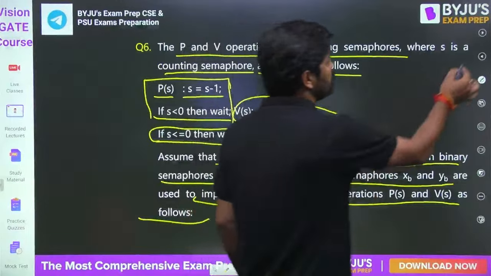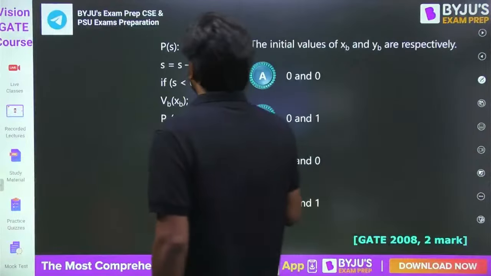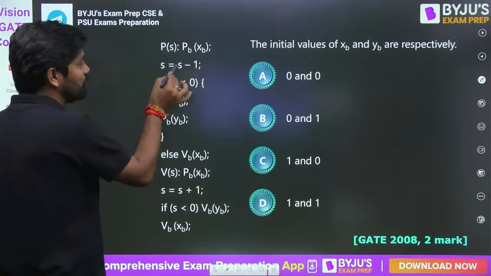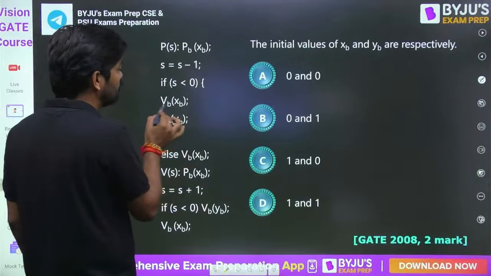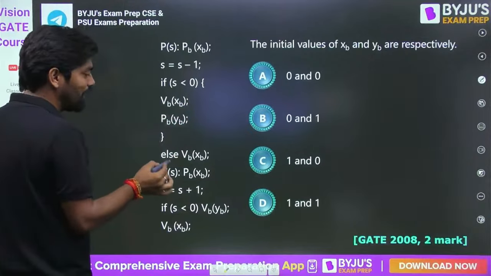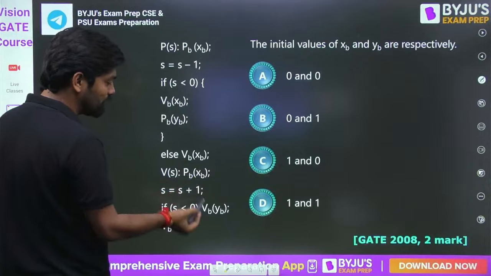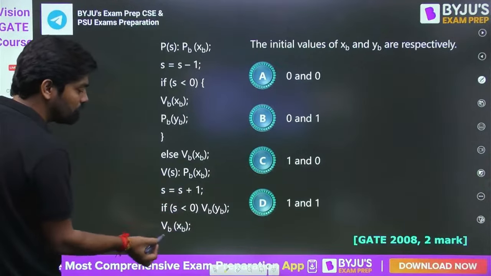So P of S is PB(XB), S = S - 1. If S is less than 0, then VB(XB), PB(YB). Else VB(XB). VS: PB(XB), S = S + 1. If S is less than or equal to 0, VB(YB), and VB(XB).